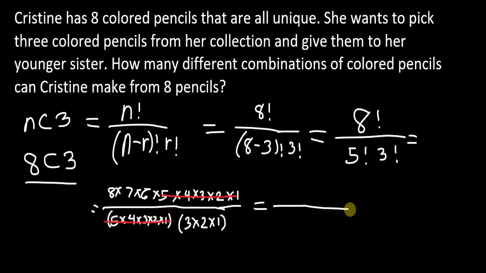And 3 factorial, that is 3 times 2 times 1. And that is equal to 336 divided by 3 times 2, 6 times 1, so 6. So that is 336 divided by 6, and that is equal to 56.